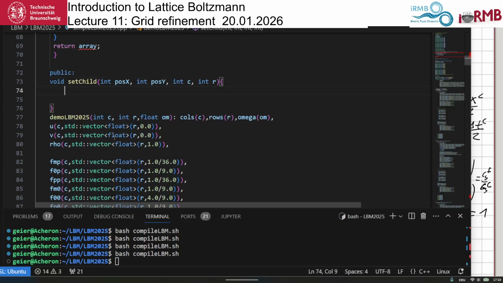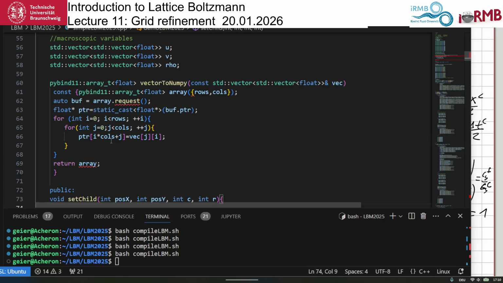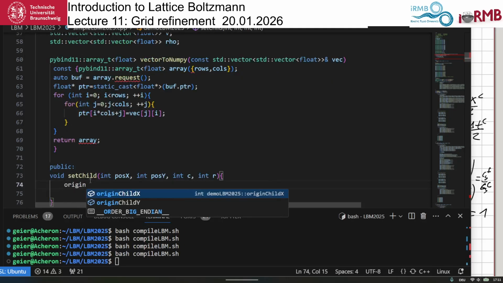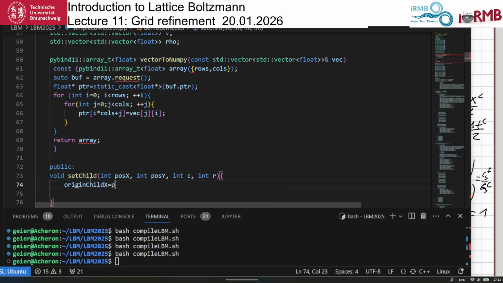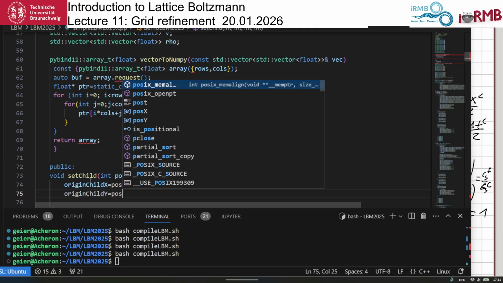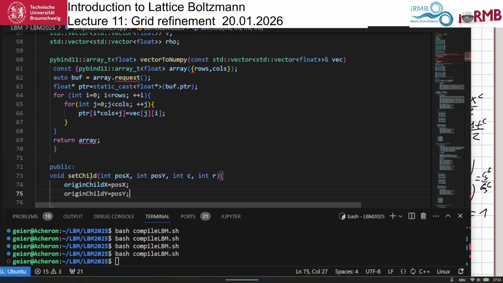Now we have to set origin child X to pos X, and origin child Y to pos Y. I'm forgetting about any guardrails here.